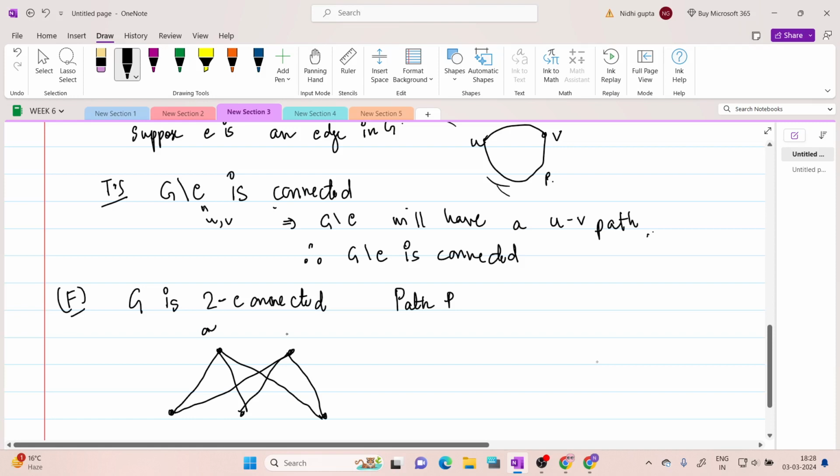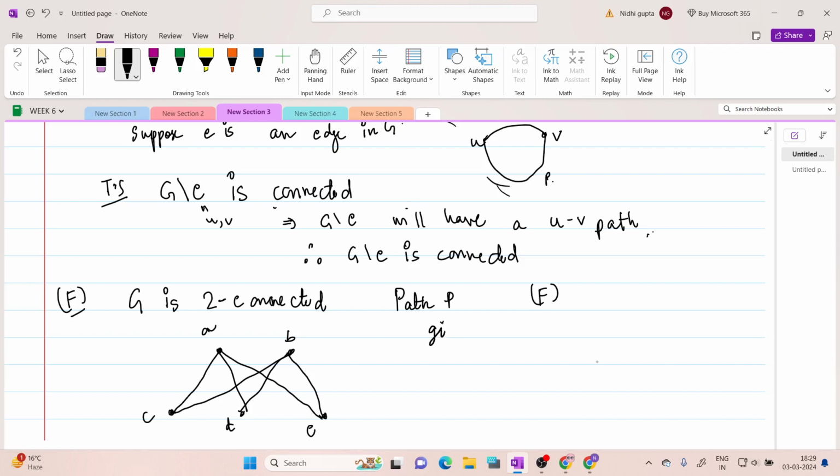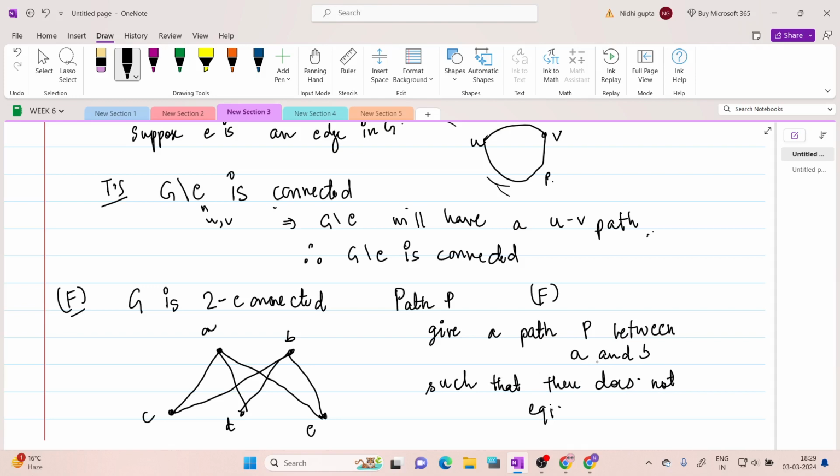We are saying that statement is false, so that means you give a path P between A and B, such that there does not exist a disjoint path Q, such that P intersection Q is empty.